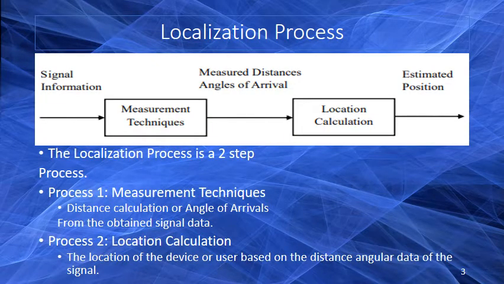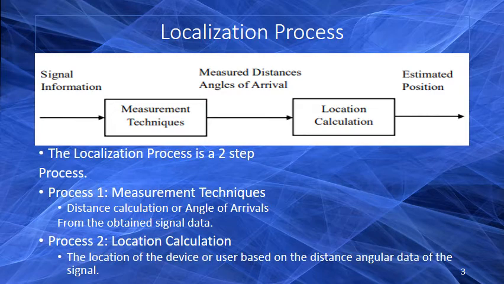And localization process. As you can see in the diagram, there are two major processes in this localization process. One is measurement techniques, and another one is location calculation. Let's talk about the measurement techniques.